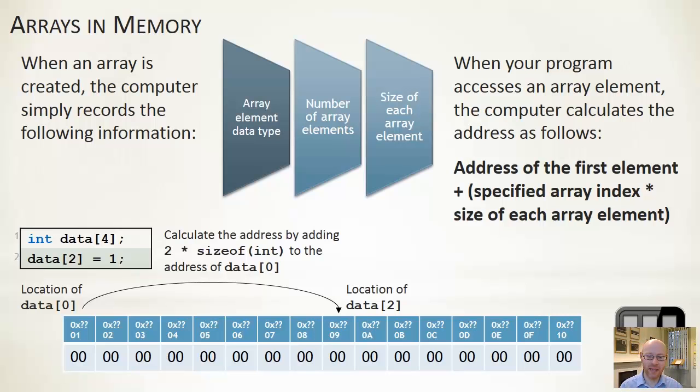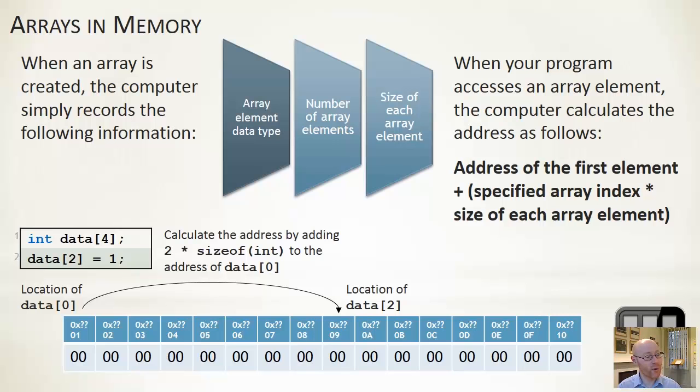You see the calculation over on the right hand side. For an array lookup, we take the address of the first element. This is whereabouts in memory the chunk of memory allocated to the array commences. And we add on to that the array index, whether it's the 0, the first, the second, the third element within that array, times the size of each of the array elements.